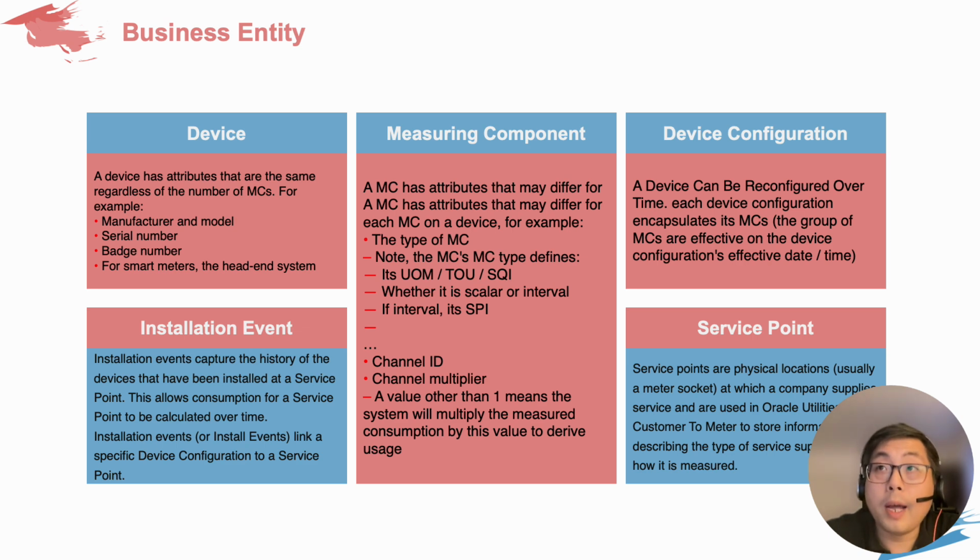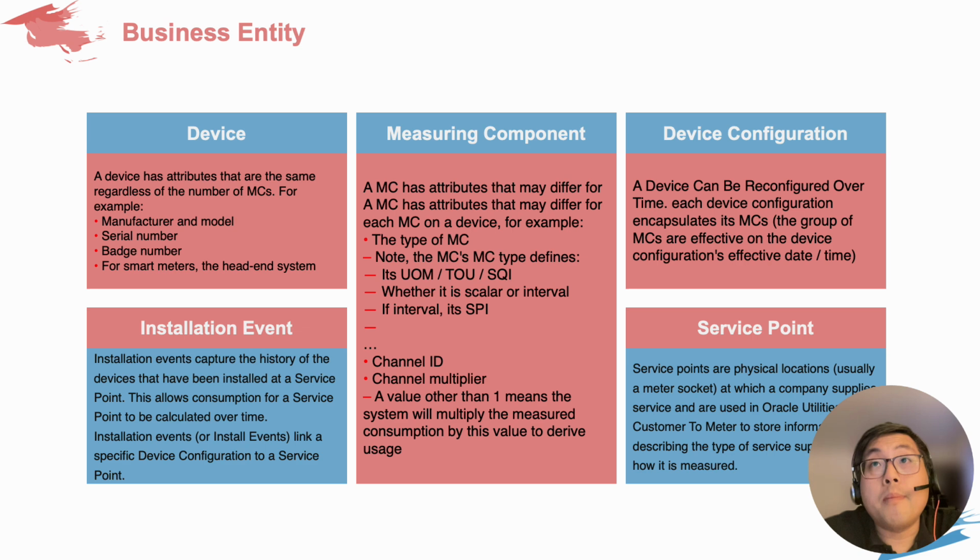So it actually stores all those service point level attributes. For example, the line loss factor, the MPAN identifier, and DNO. In the UK, we have meter point information, which we call meter point information, and the information is stored against the service point in CCMB.